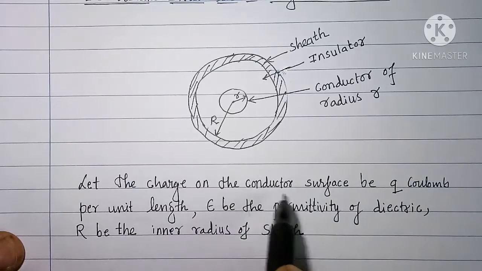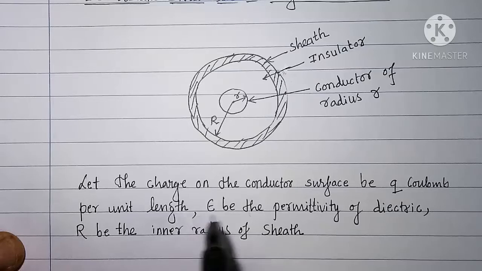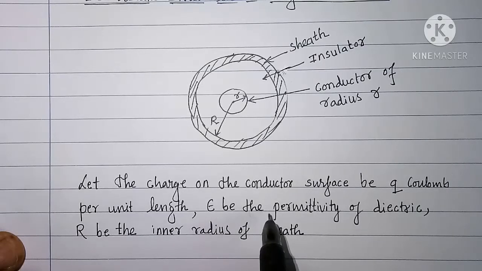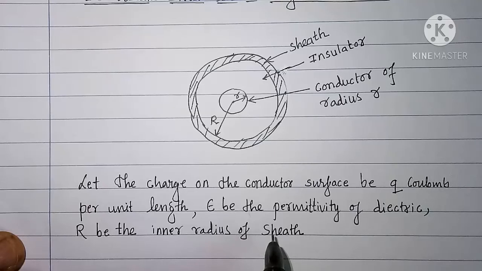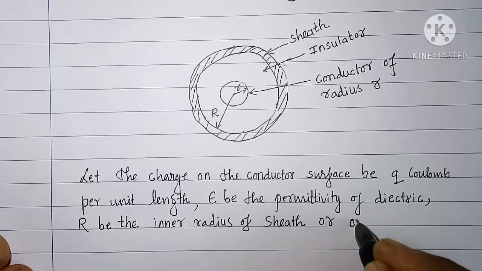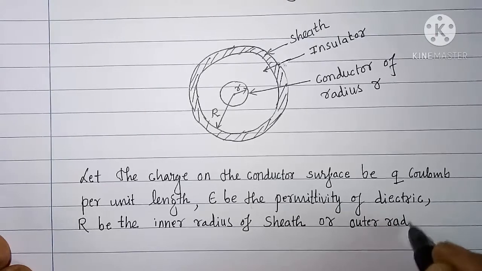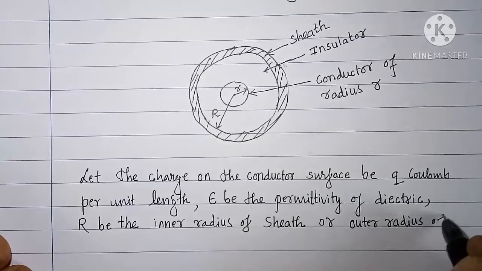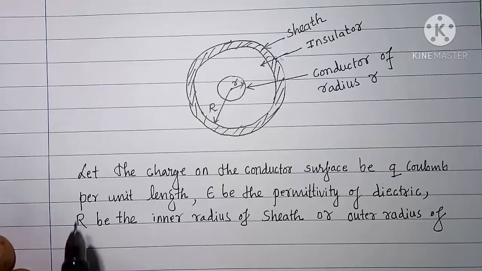Let the charge on the conductor surface be Q coulomb per unit length. Epsilon be the permittivity of dielectric. Capital R be the inner radius of sheath, and outer radius of insulating material.